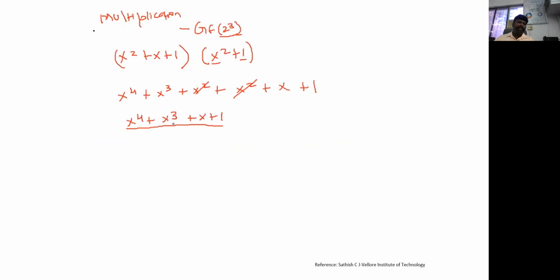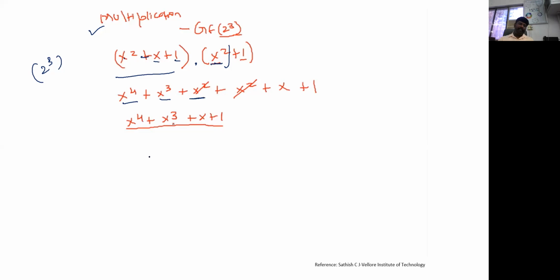And when it comes to multiplication, this is a simple multiplication through which you'll understand the 2 power 3 multiplications. This is a polynomial, x square plus x plus 1, which has to be multiplied by x square plus 1. If I take the first element, x square, then x square times x square will be x power 4, x multiplied by x square will be x power 3, and 1 multiplied by x square will be x square.